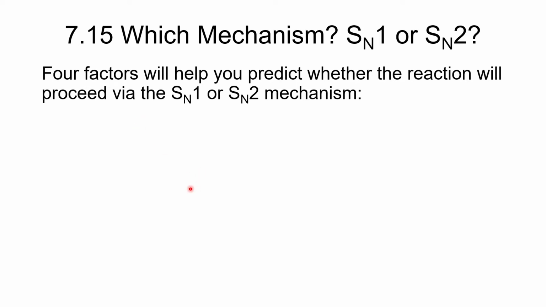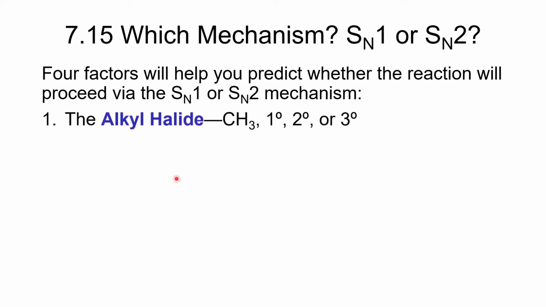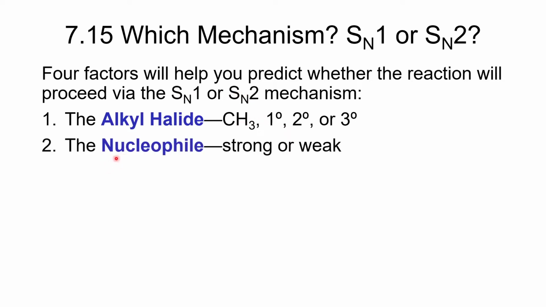The first factor that we want to look at is the nature of the alkyl halide. This will do most of our prediction work for us to determine, is this going to be SN1 or SN2? The nucleophile, we'll find that whether we have a strong or a weak nucleophile will help us to predict whether we're going to have SN1 or SN2.